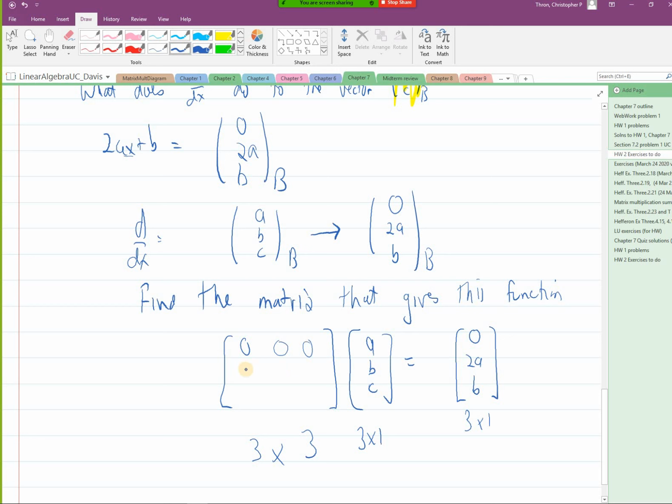The 1 or 2? It's going to have 2. Yes. 2, 0, 0. Yes. And then this one, then 0, 1, 0. Yes. That's it.